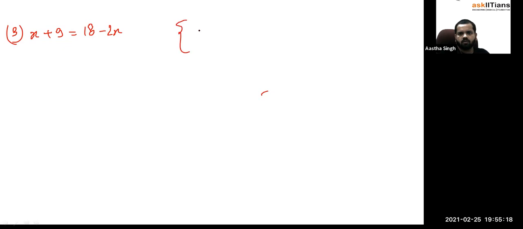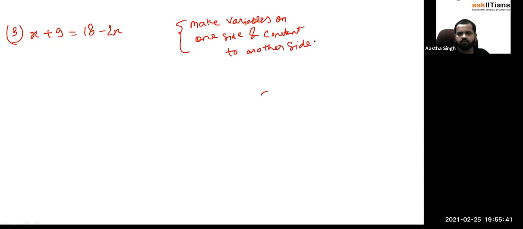Make the variable on one side and the constant on another side, right? So yeah, 2x plus x, 2x minus x plus 9.